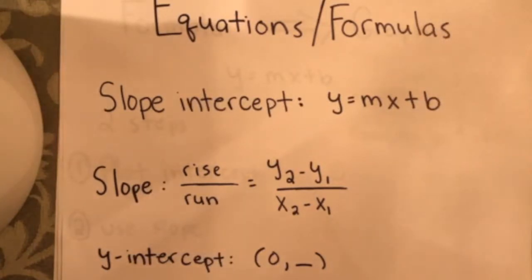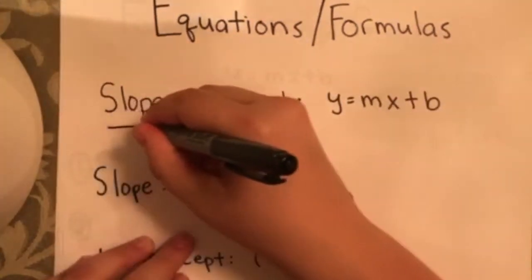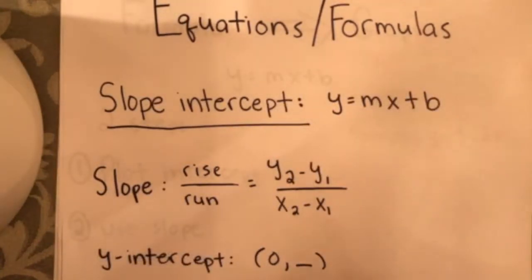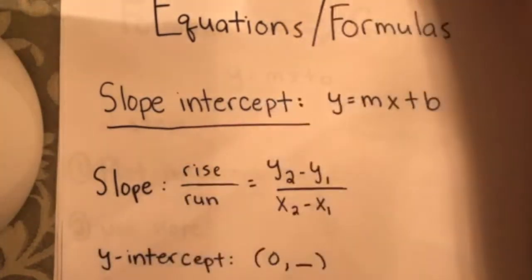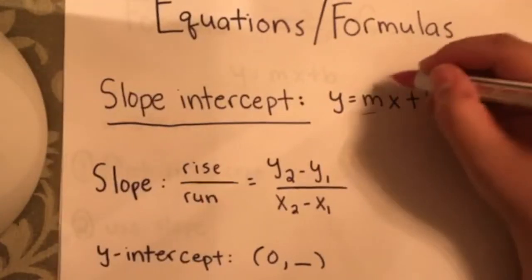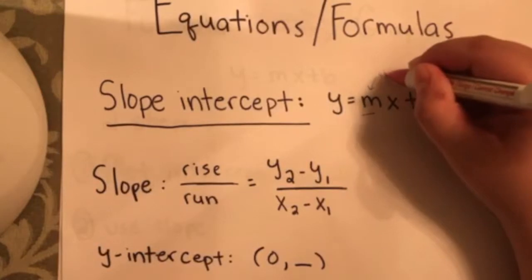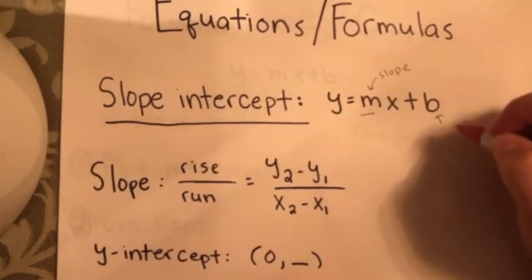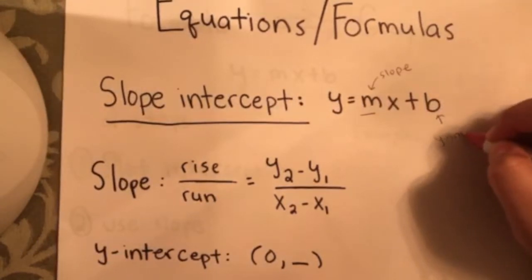So different formulas we have are the slope-intercept formula. Right, so it's y equals mx plus b. We know that the m is the slope and the b is the y-intercept.